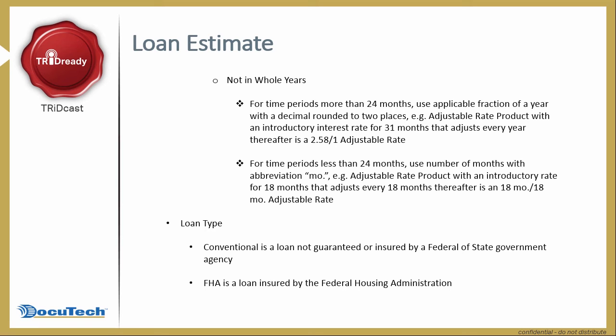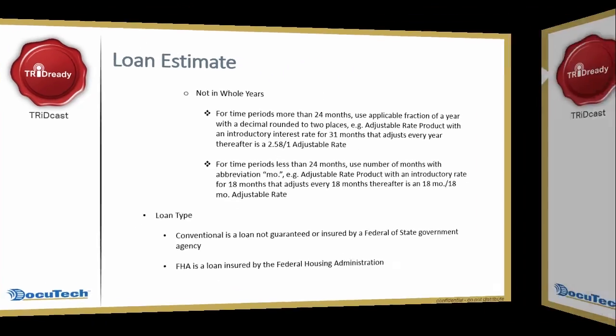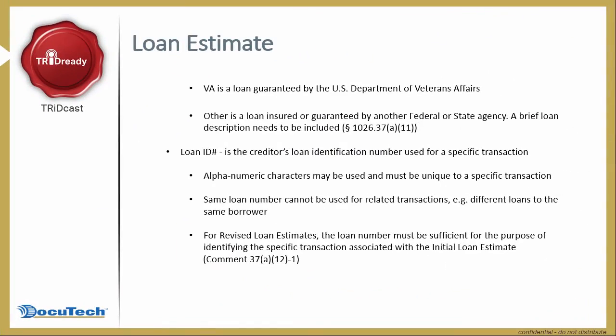And FHA loans are insured by the Federal Housing Administration, and VA loans are guaranteed by the U.S. Department of Veteran Affairs. If you're going to fill out the section for other, a brief loan description needs to be included, and this would be in instances where the loan insured or guaranteed is done by another type of federal or state agency not listed in the 2 previous choices above.